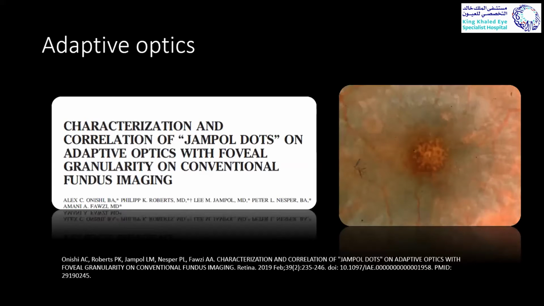So with adaptive optics, again, they tested these dots, and they call them the humble dots, because this is what we usually see during the examination when we see the foveal granularity that was described initially in patients with MEWDS.